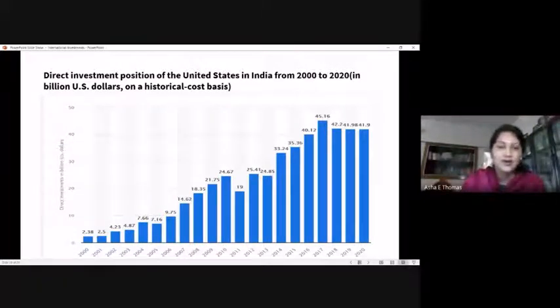So this talks about direct investment, that is the foreign US-based companies coming here and setting up their business. That's the amount. The amount has gone up to this much, but maybe there was a slight dip after 2017.